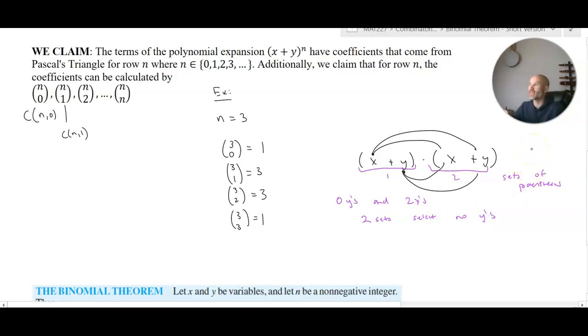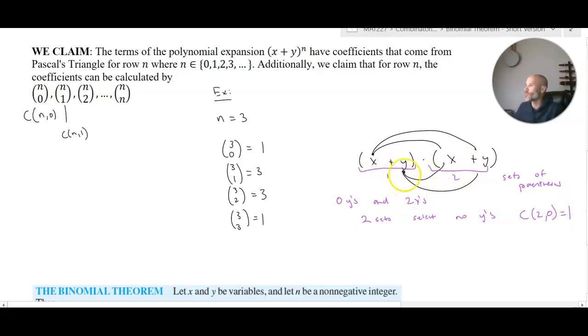Well, that automatically means you're selecting 2 x's, right? If you're selecting 0 y's but you're selecting something from the parentheses, the elements that you are selecting have to be x's. But let's frame it as you're selecting 0 y's. So order doesn't matter, right? Because whether we pick y here and then y here, it's the same thing as if we pick the y here and then the y here. So from 2 sets of parentheses, select 0 y's. There's one way to do that.